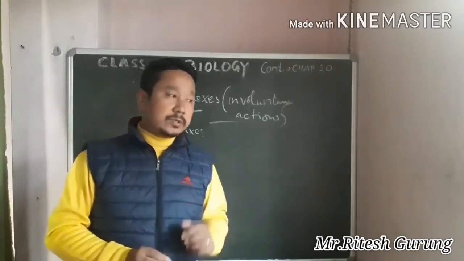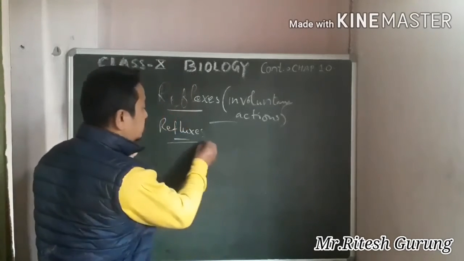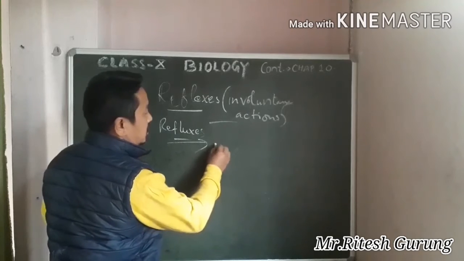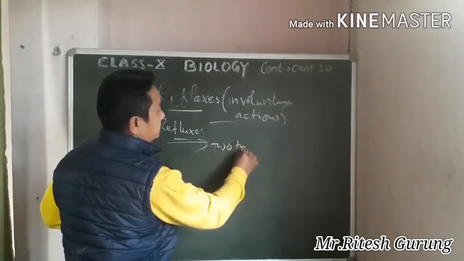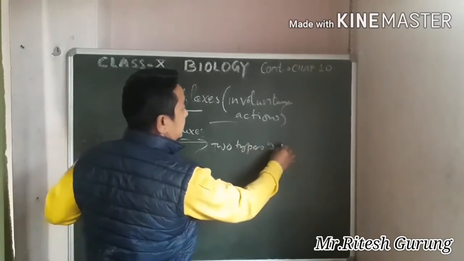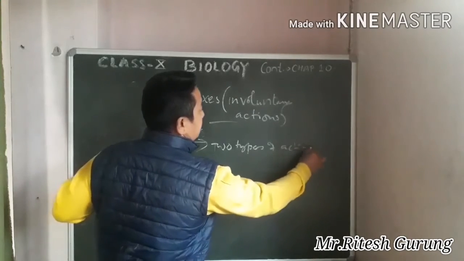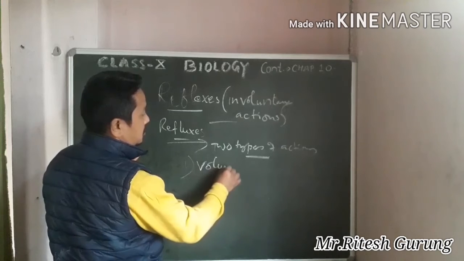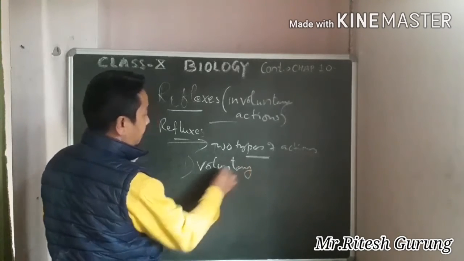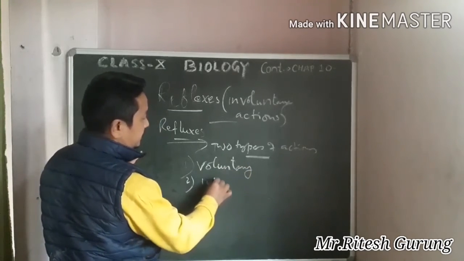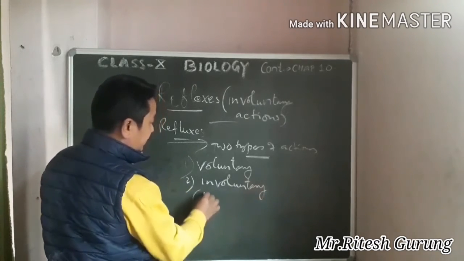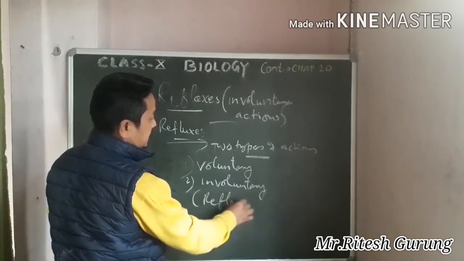In the body, there are two types of actions: voluntary and involuntary. Involuntary means reflexes.